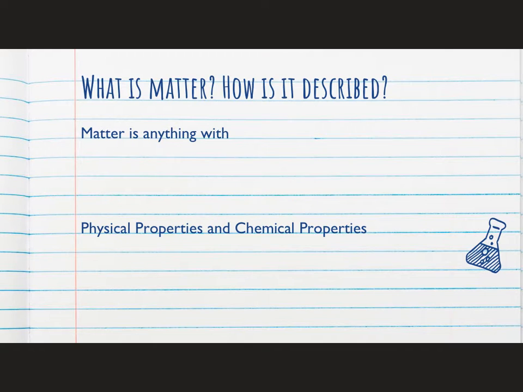So matter is anything with mass and volume. So basically that's anything and everything around you. Everything that you can see, touch, feel, taste, whatever it is, matter. So real quick as a review, hopefully, mass is how much stuff is in something.